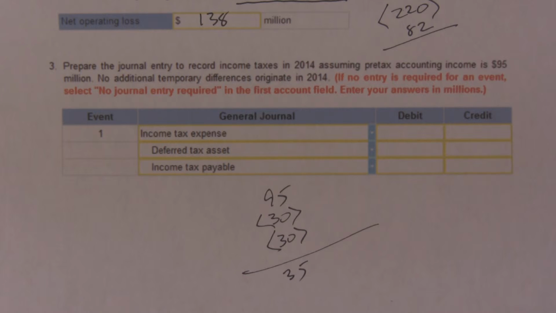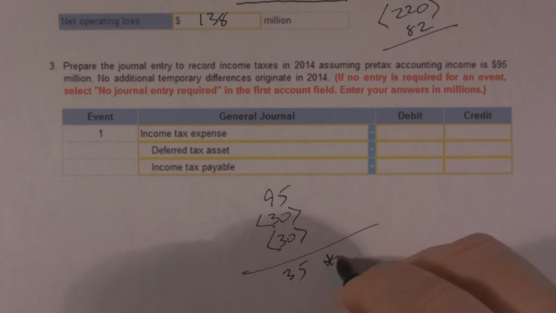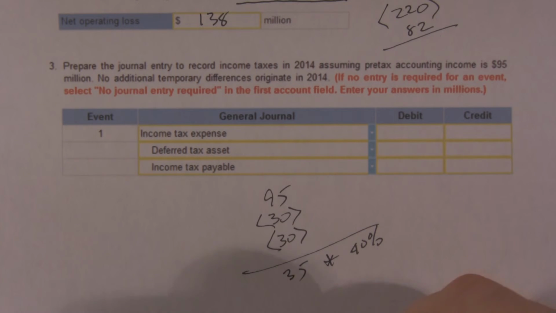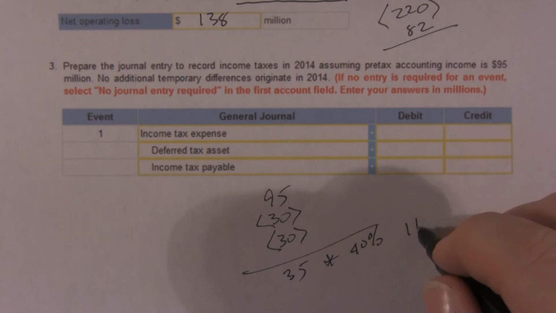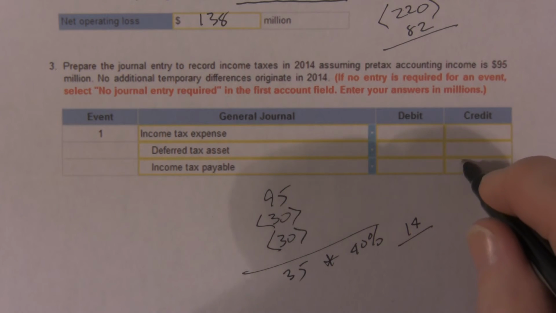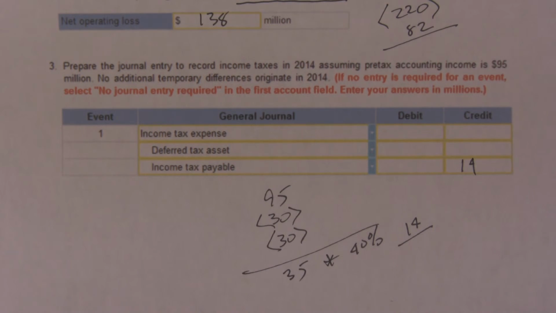Okay, so that's our taxable income so far. Now 40% of that gives us a tax payable of 14.